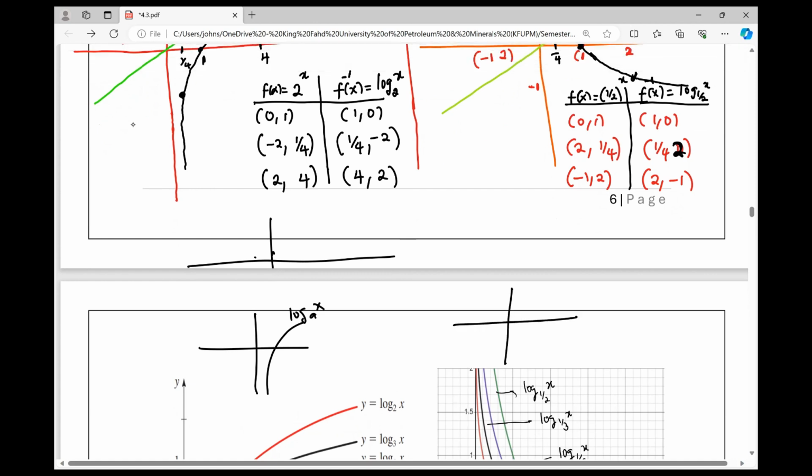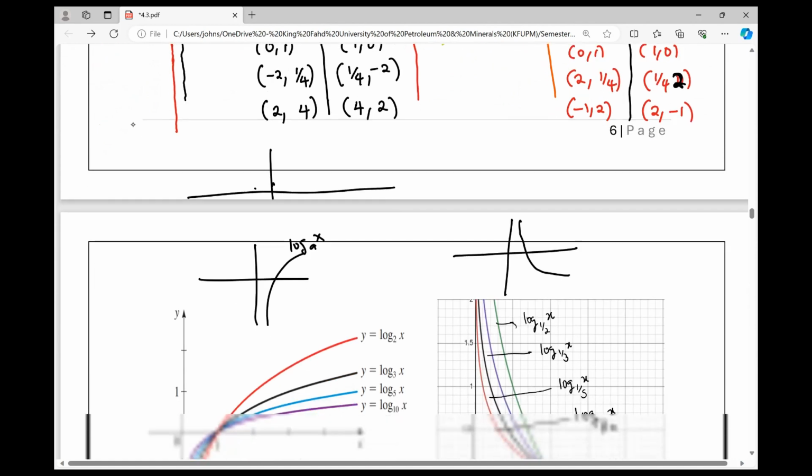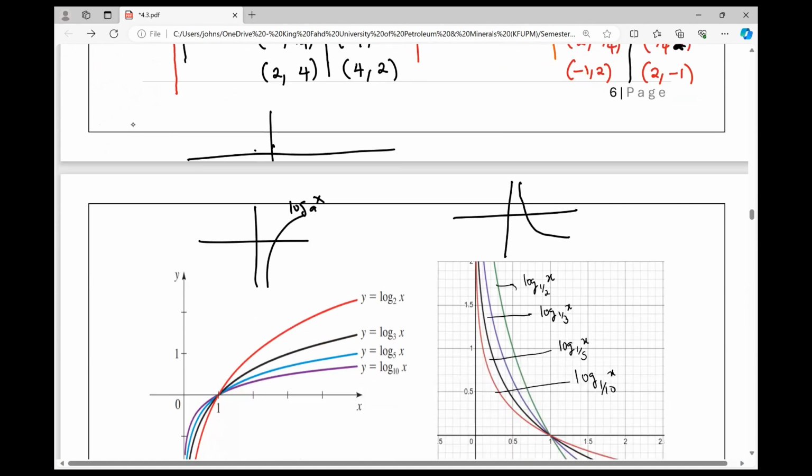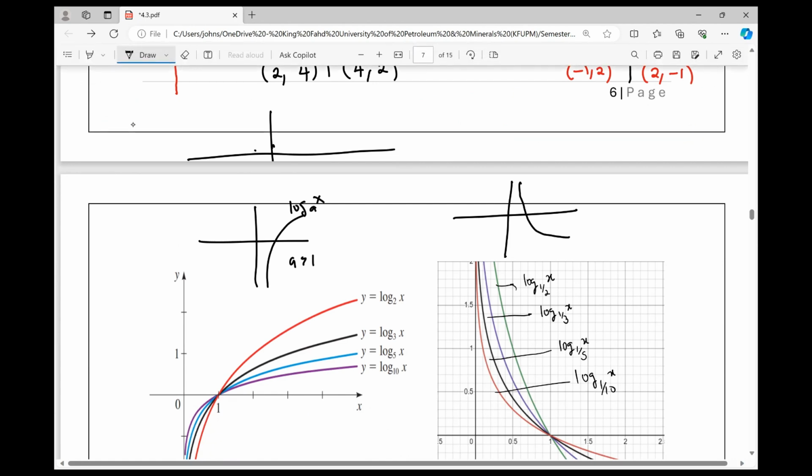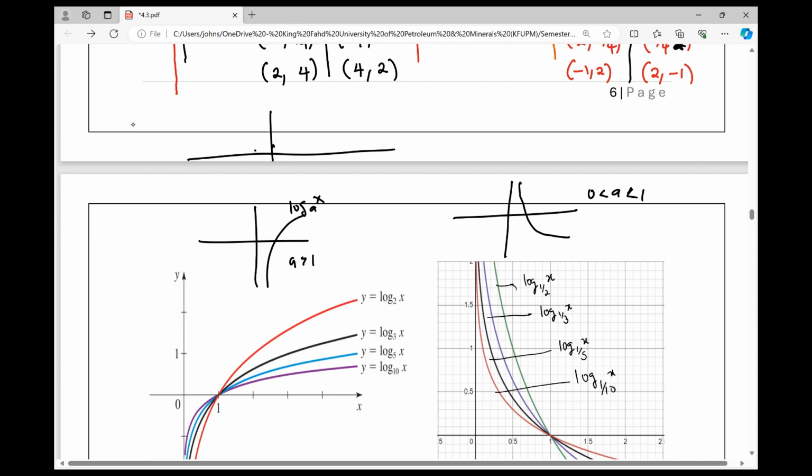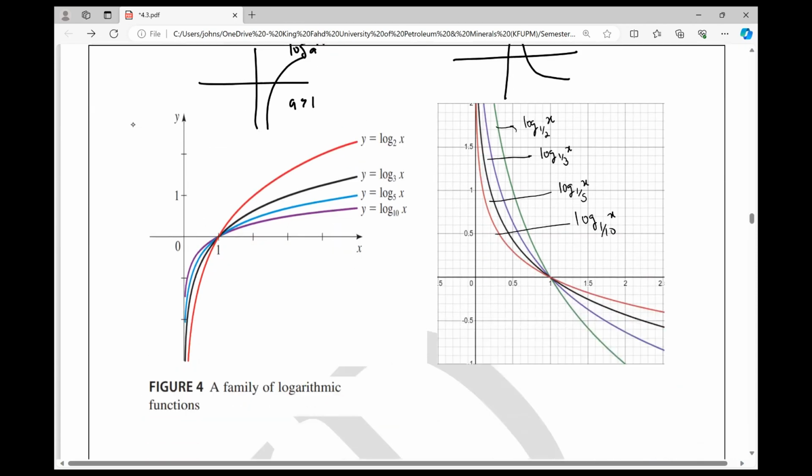If a is between 0 and 1, it's just going to be something like this. So these are basically the graphs of the logarithmic function. This is when your a is greater than 1, and this is when a is between 0 and 1.